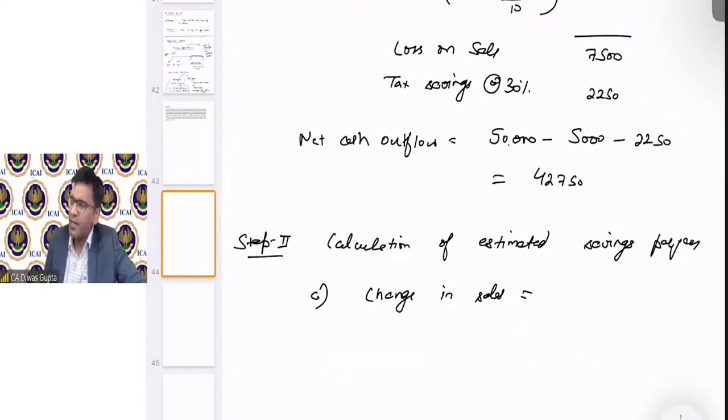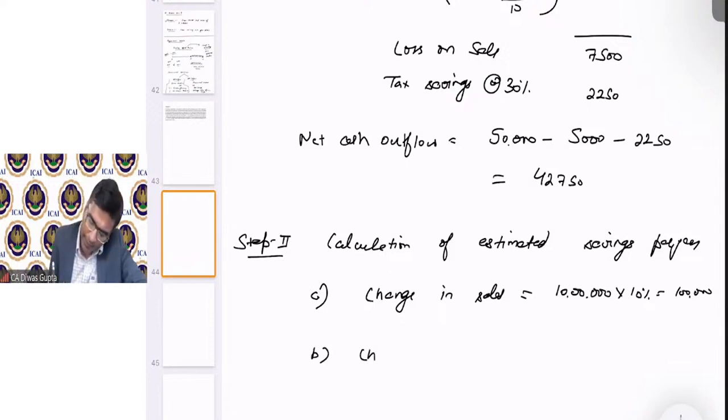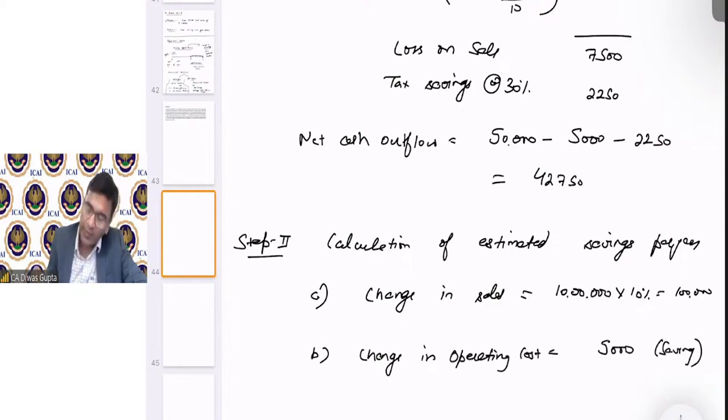Yes, change in sales will be 10 lakh into 10%, right? Which is perfect. Then B will be the change in operating cost. So we said there is a saving of 5,000, right? This is also a saving.